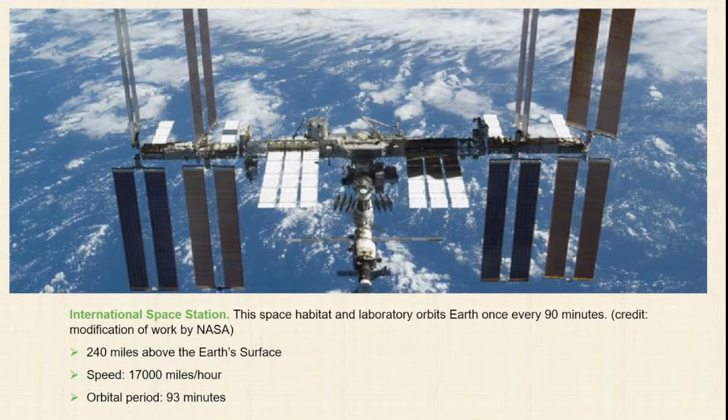This is not sitting up there in space. It is revolving around the Earth with an orbital period. Every 93 minutes it goes around the Earth. Its speed is 17,000 miles per hour.